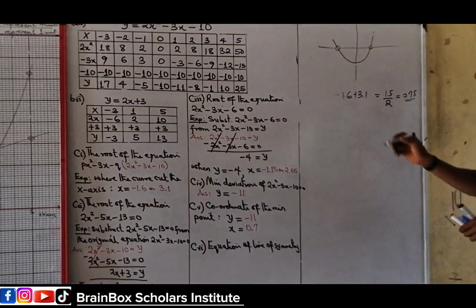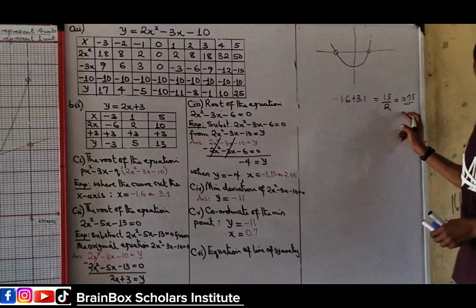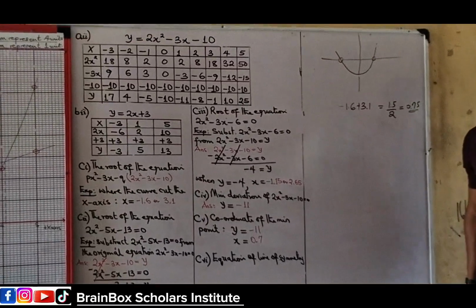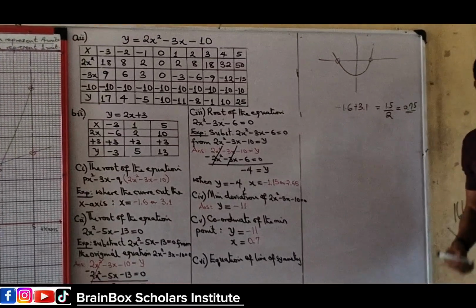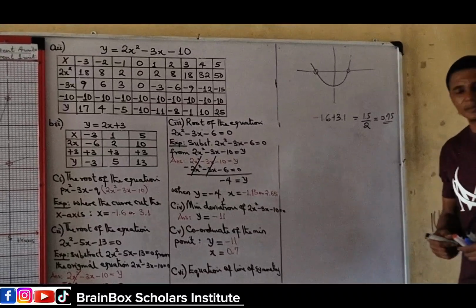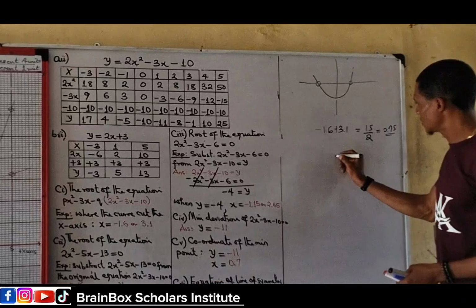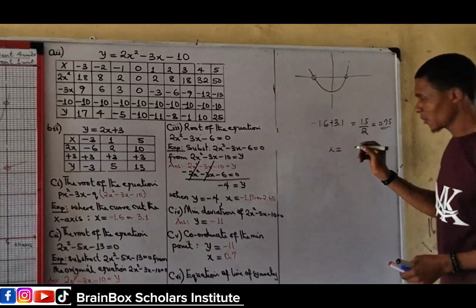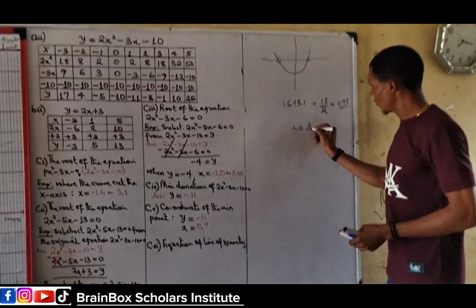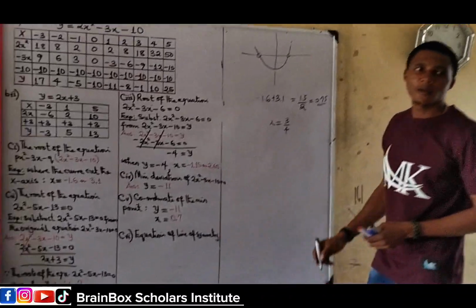Pay attention to this. If I change 0.75 to a fraction, it becomes 3 over 4. So I now have x equal to 3 over 4.